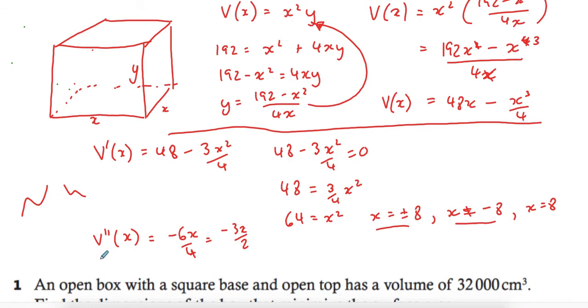So then we're going to put in our value of 8 into the second derivative, and we've got negative 3 times 8 over 2. Well, you can see clearly that that is less than 0. So you've got a max at x equals 8.